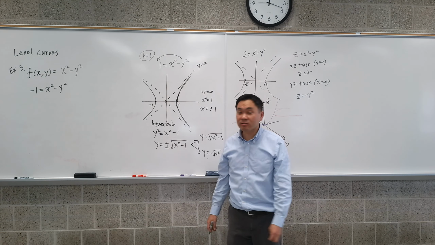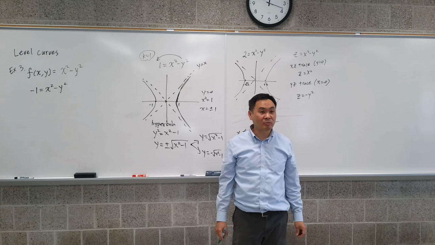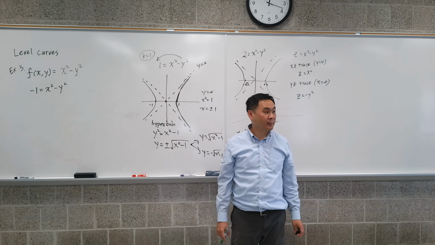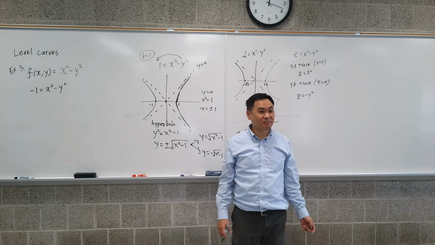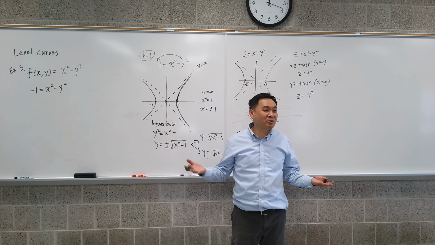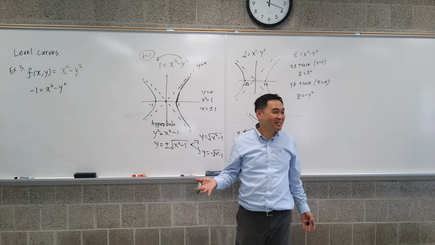If you set y as 0, what do you get for the x-intercepts? Say the obvious thing. What do you get? x squared equals negative 1.